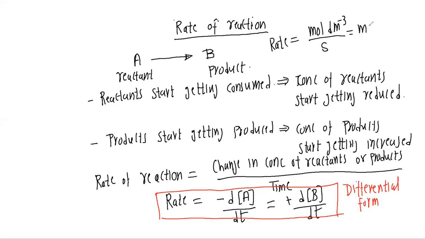So moles dm cube second raised to -1. So simple. Rate of reaction. These are the units: moles dm raised to -3 second raised to -1. Simple idea, very simple concept.